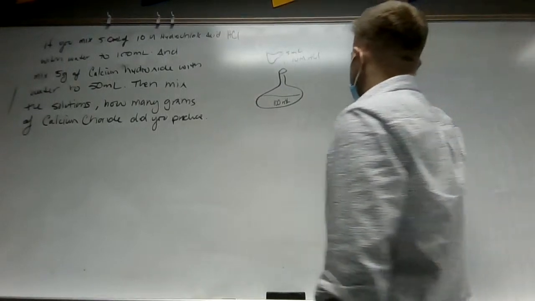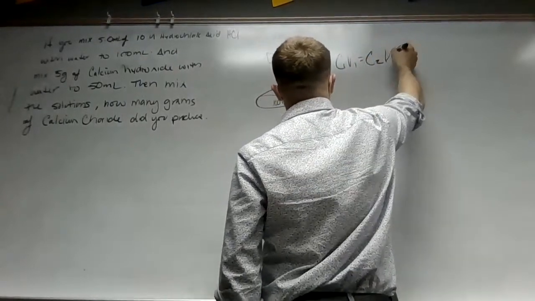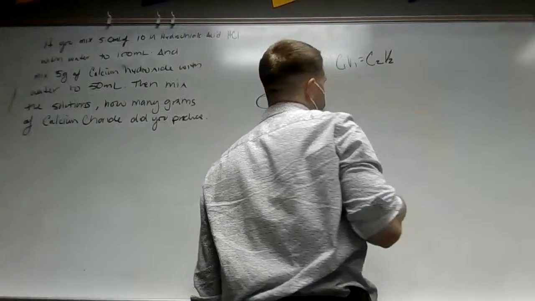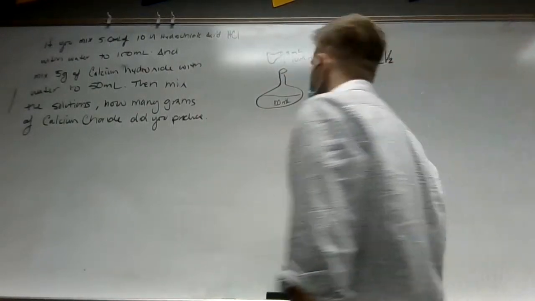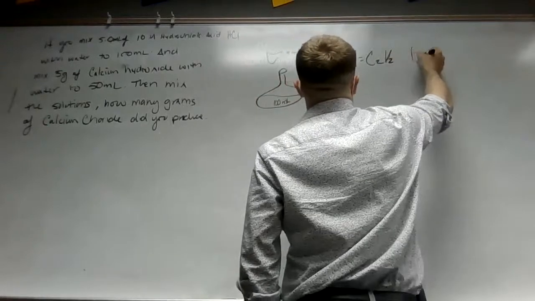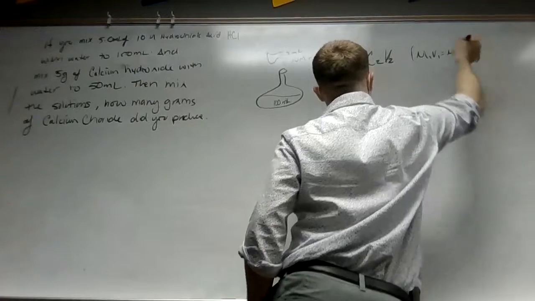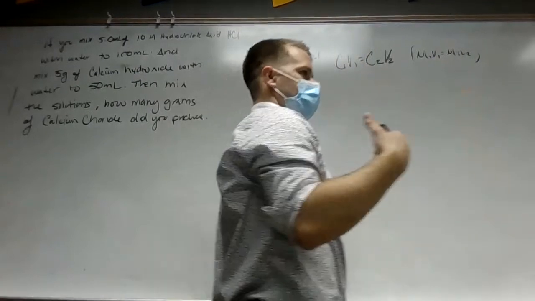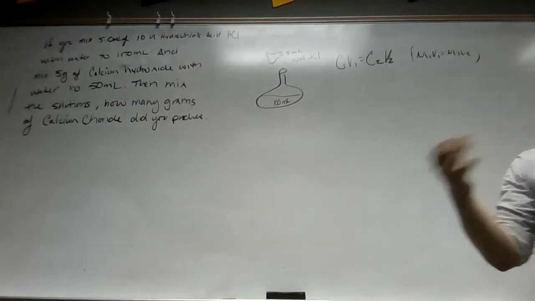But as a general rule, you've got P1V1 equals P2V2, which you will see very soon if you haven't yet. So we also make it M1V1 equals M2V2. Our concentration times our volume will be equal on both sides.